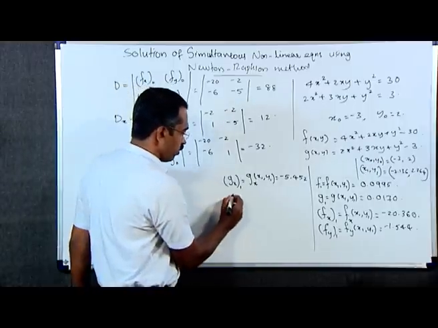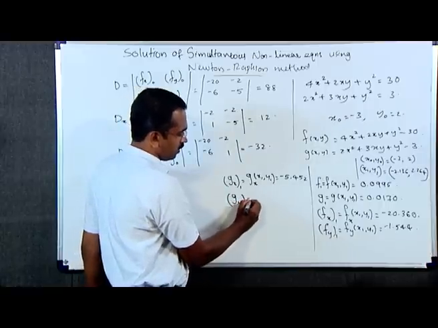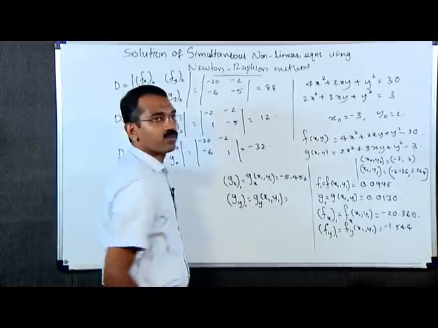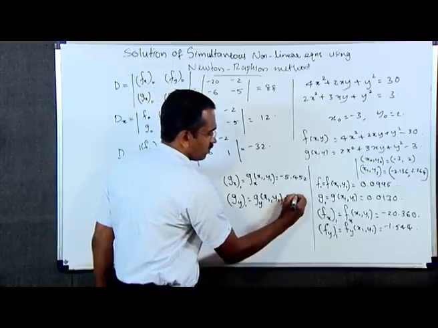And gy1, the partial derivative of g with respect to y at x1, y1, is equal to minus 4.680.